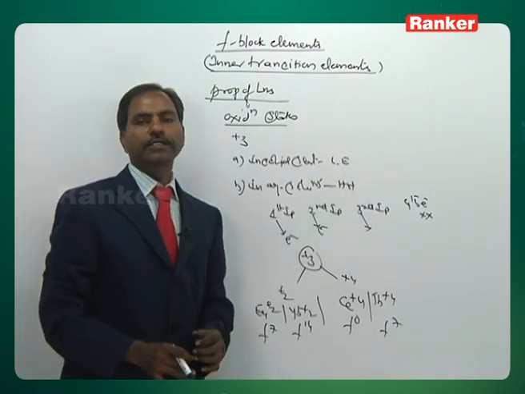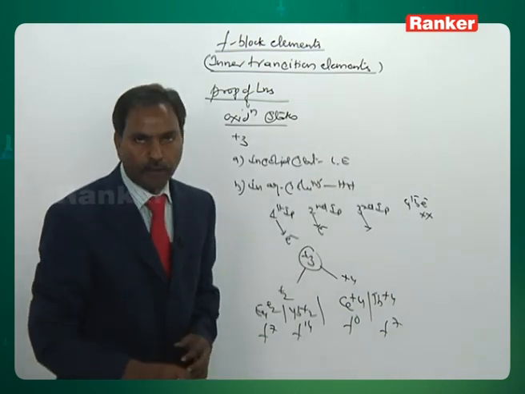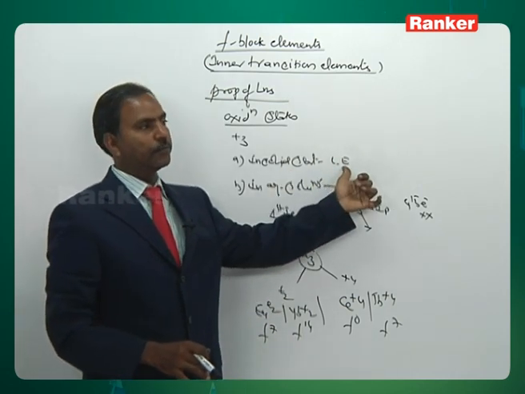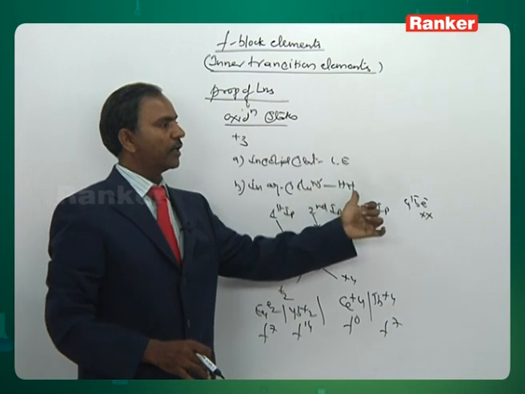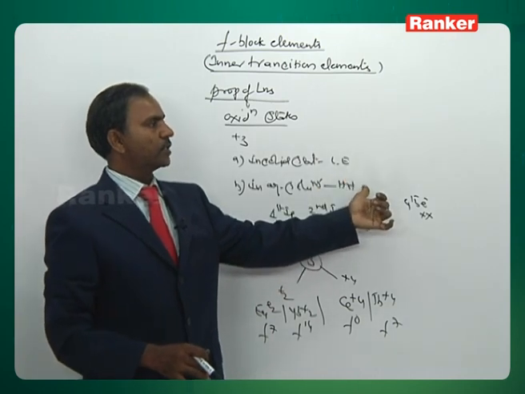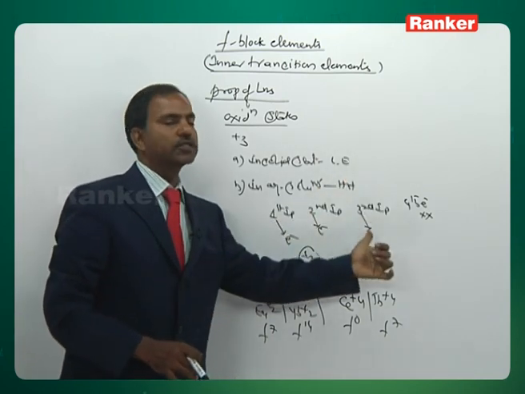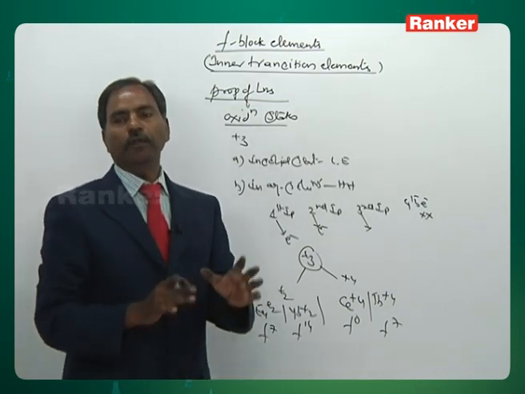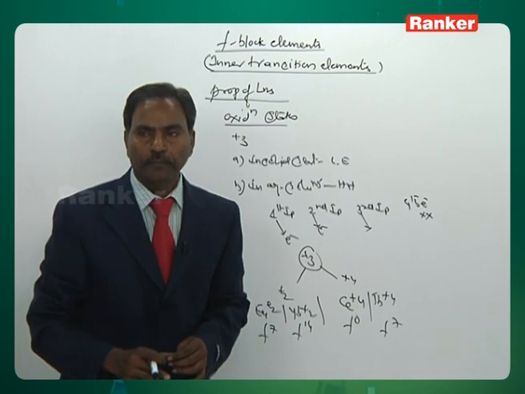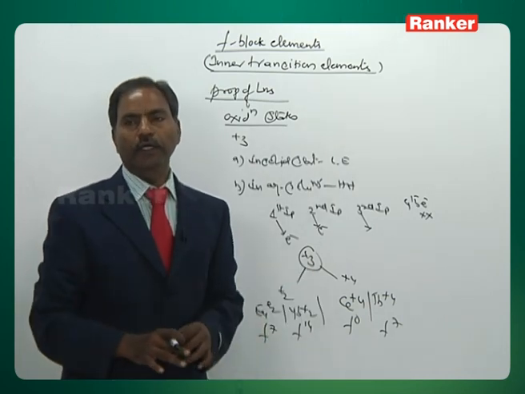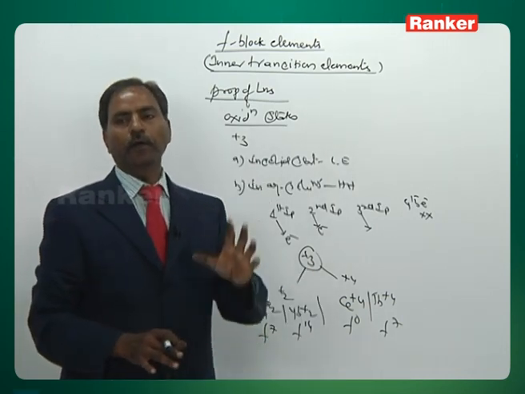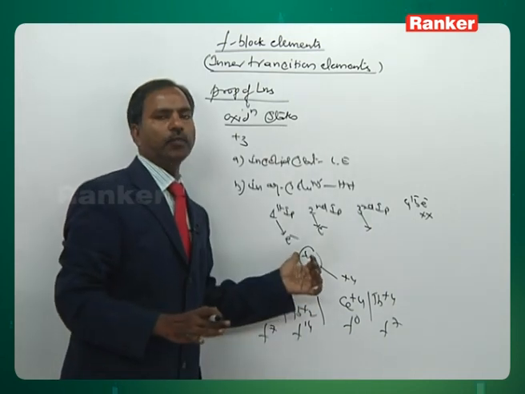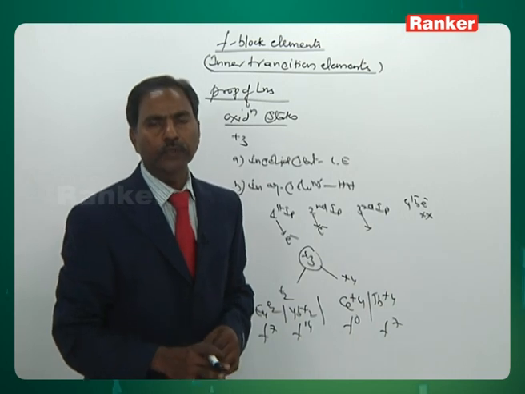What I said: the common and stable oxidation state of lanthanides is +3. This is due to the lattice energies in the solid state and the heat of hydration values in aqueous solutions. These two energy values compensate for the first 3 IP values. Therefore, they easily lose 3 electrons, but losing the 4th electron is difficult. Therefore, all of these 14 lanthanides exhibit +3 as the stable and common oxidation state. But a few elements in addition to +3 exhibit +2 and +4.